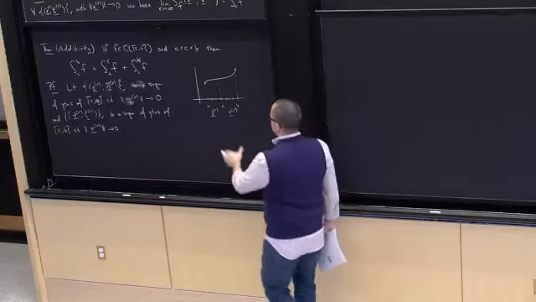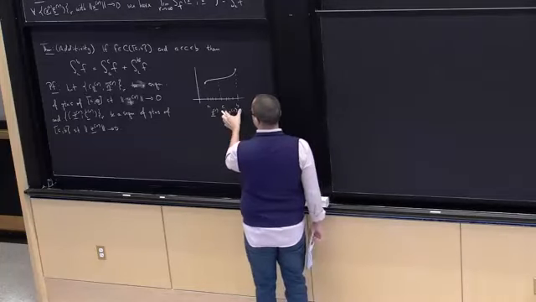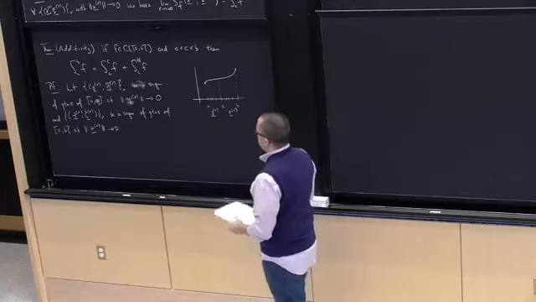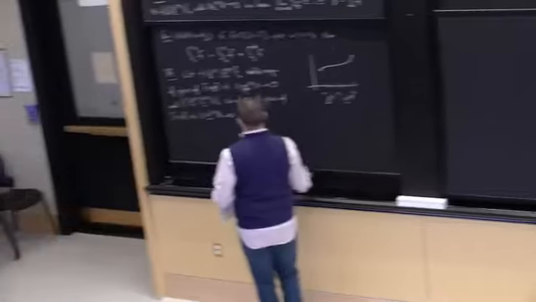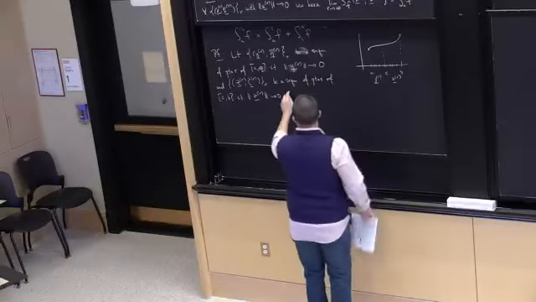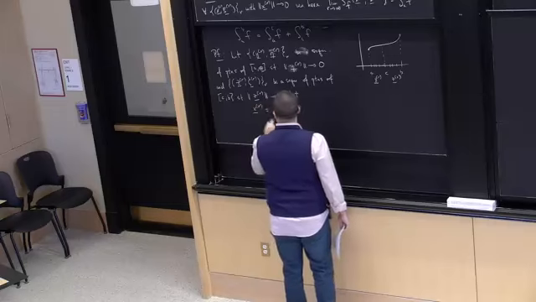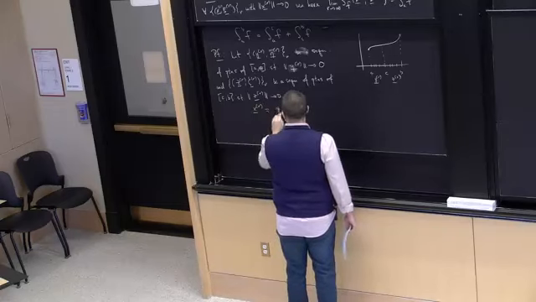Okay? So now if I have a partition of AC and a partition of CB, if I take their union, then I will get a partition of AB. This will be the union of these.